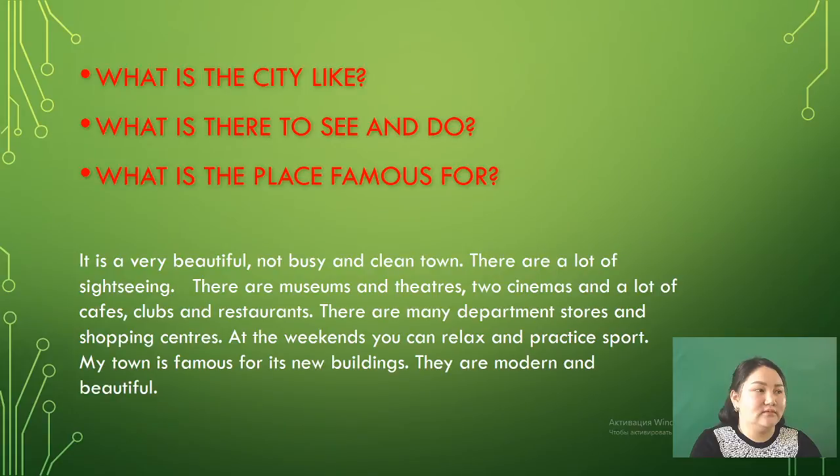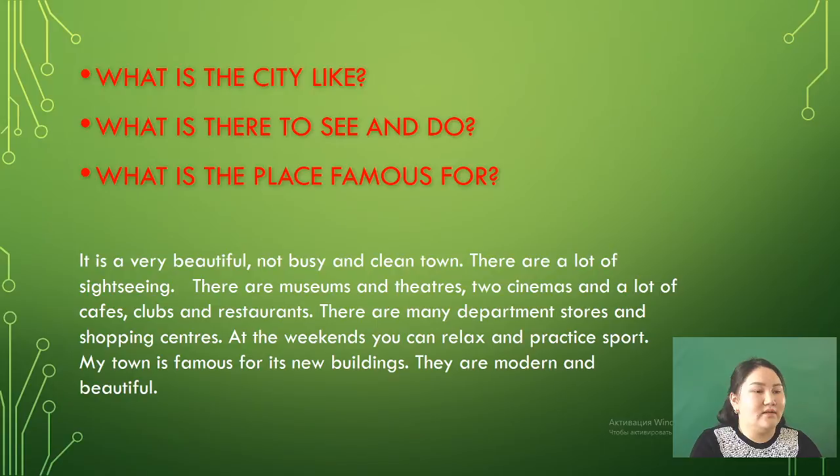Next questions: what is a city like? What is a place like? For example, it is a very beautiful, not busy and clean town. There are a lot of sights. Next question: what is there to see and to do?